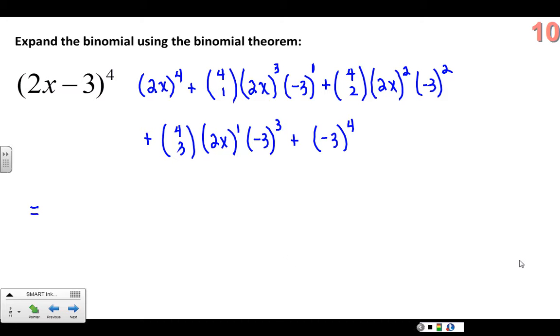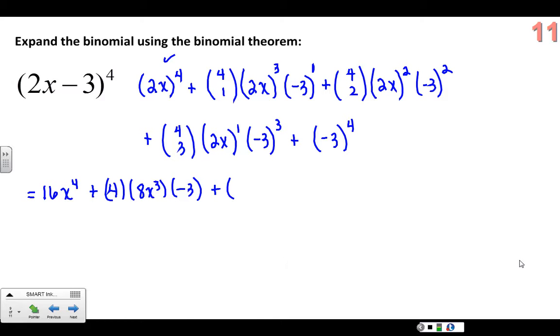On the first term, I'm going to do a couple of steps here. So let's just do a little bit of simplifying first. On the first one, 2 to the fourth is 16x to the fourth. So we got that, okay? Plus 4 choose 1. That would be 4 factorial divided by 1 factorial divided by 3 factorial. So 4 choose 1 is 4. 2 cubed is 8x cubed times negative 3.